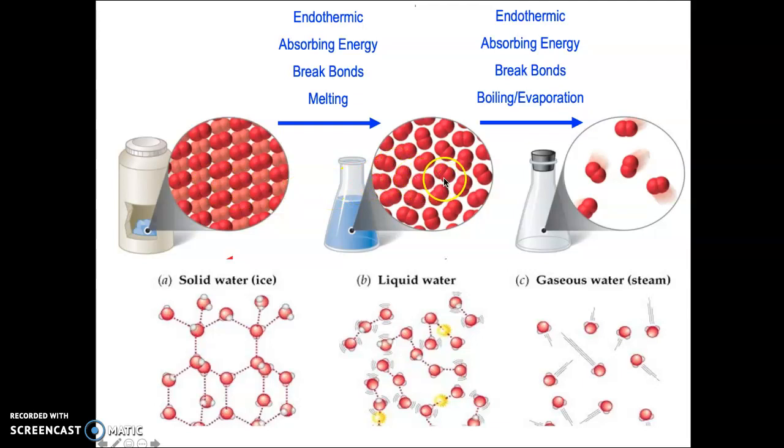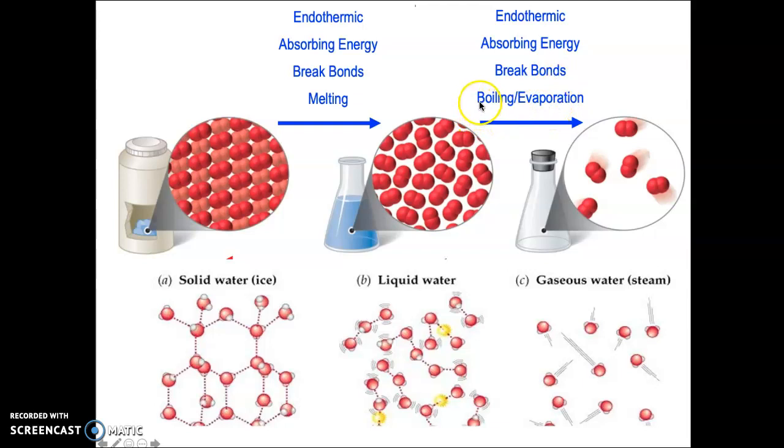The next stage is for a liquid to go to a gas. Now in a gas there are no intermolecular bonds. Notice all the little red dotted intermolecular bonds in this diagram are now gone. The gaseous particles are all independent and freely zooming around. This again is an endothermic process. It is absorbing energy to break those intermolecular bonds.